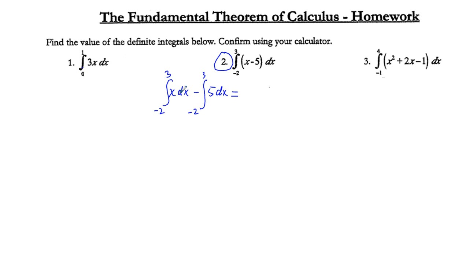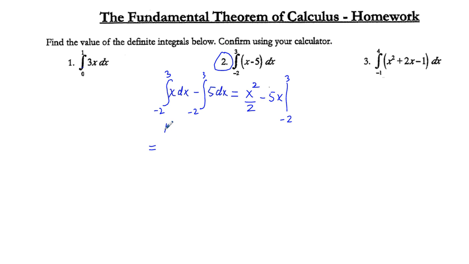And working to the right, the integral of x dx is x squared over 2, and we're going to have minus the integral of 5 dx, which is 5x. And we are evaluating between x equals -2 and 3.